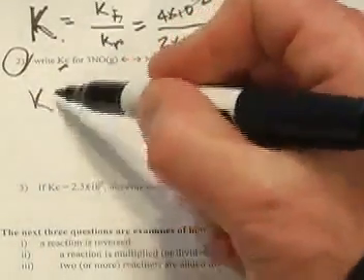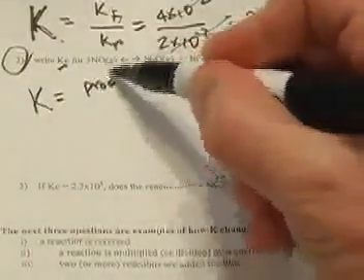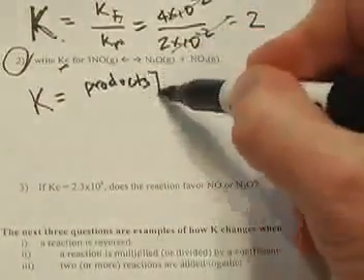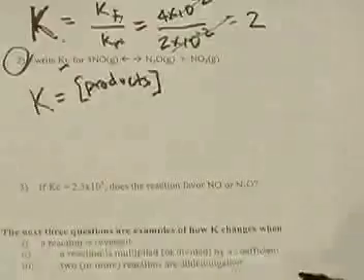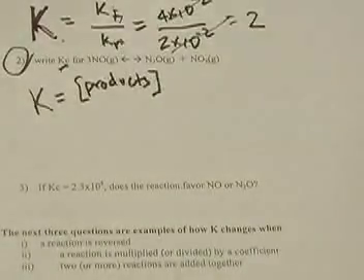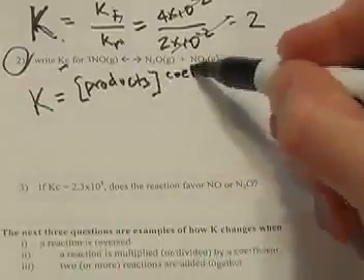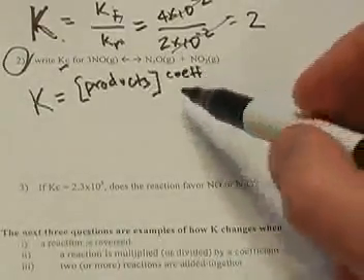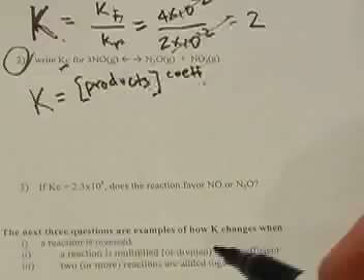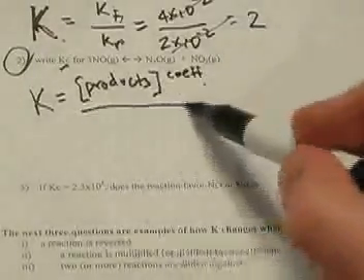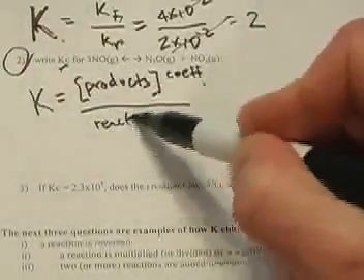And the general definition for writing the equilibrium constant is that it is products, concentrations or pressures. Remember, both can be used, or they can be used together, to the power of its coefficient or coefficients, and if there's more than one product, you multiply them together, divided by the reactants.